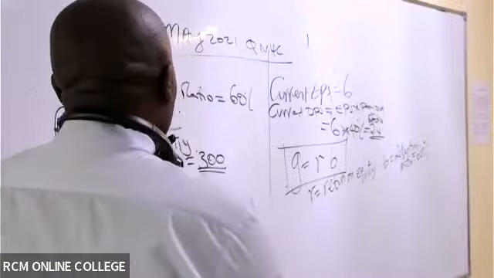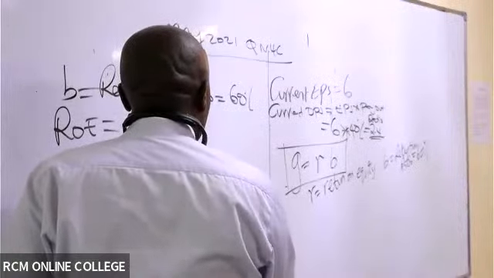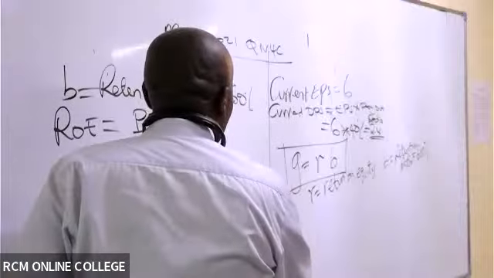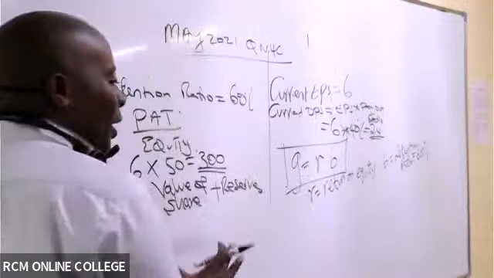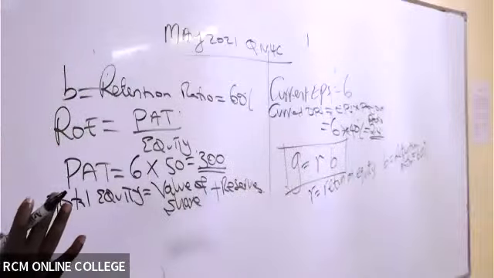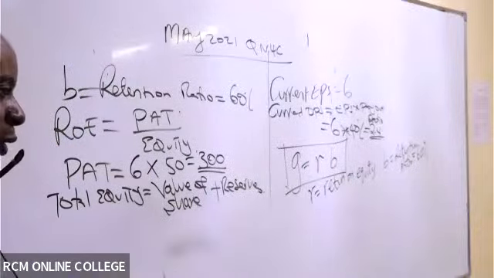So in this case here, what they have done to get this total equity, they have taken value of shares plus any reserves. The reserves always belong to equity holders.